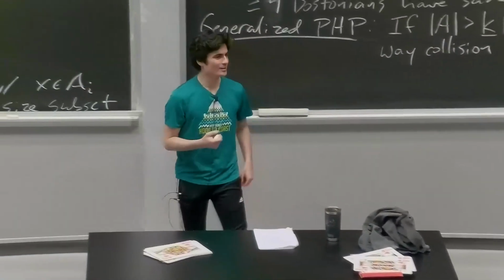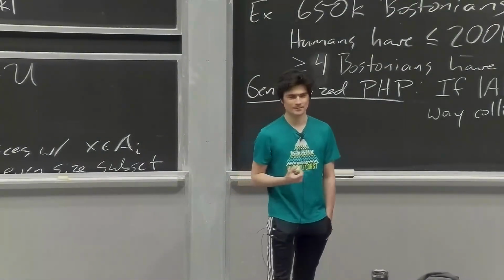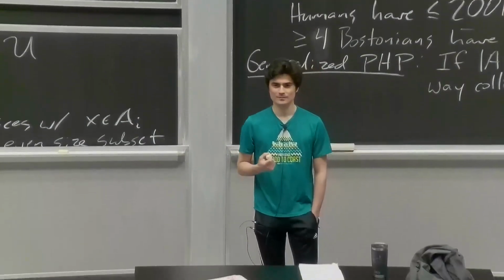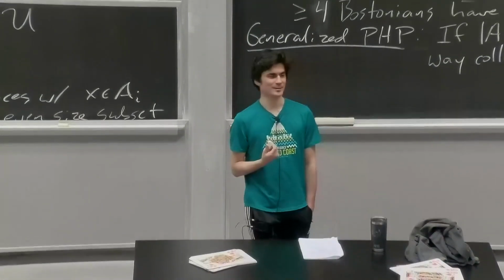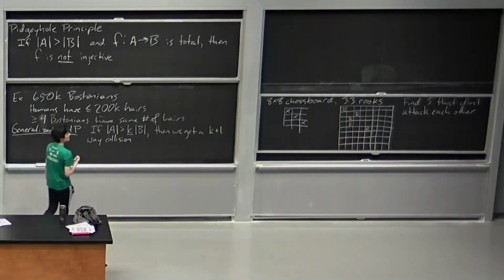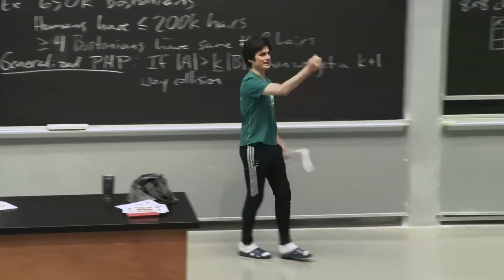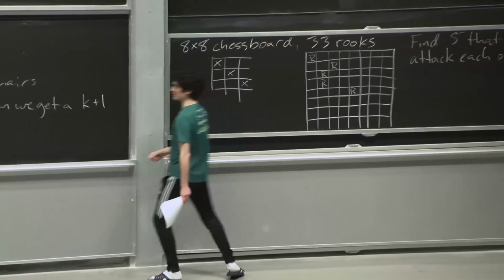Okay. So how could we use the pigeonhole principle here? Well, perhaps let's start with the easiest element. What should our pigeons be? What are we trying to make collide? Yeah. Rooks. So our pigeons are going to be the rooks.